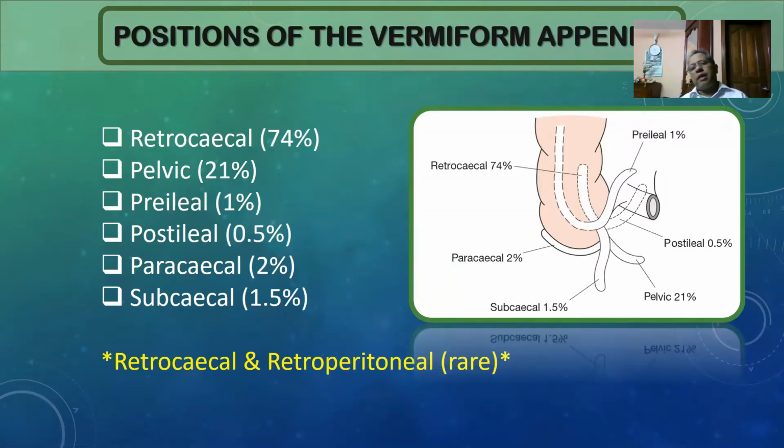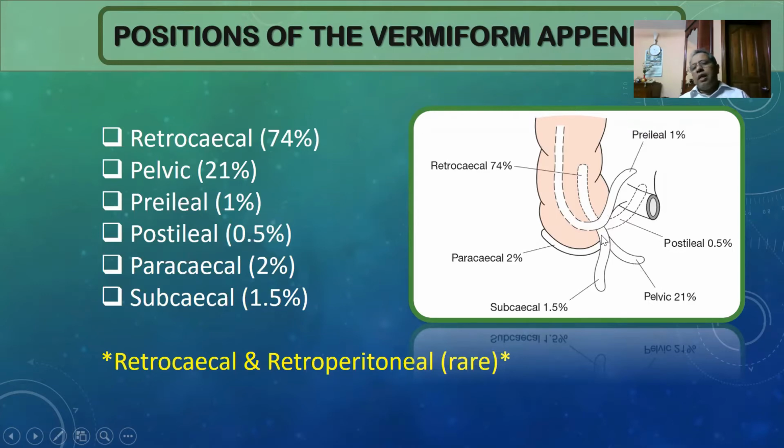If the appendix lies behind the cecum, it is called retrocecal. If the appendix lies in front of the ileum, it is called the pre-ileal variety. If the appendix lies behind the ileum, it is called the post-ileal variety. If the appendix is hanging and goes down into the pelvic cavity, then it is called the pelvic variety.